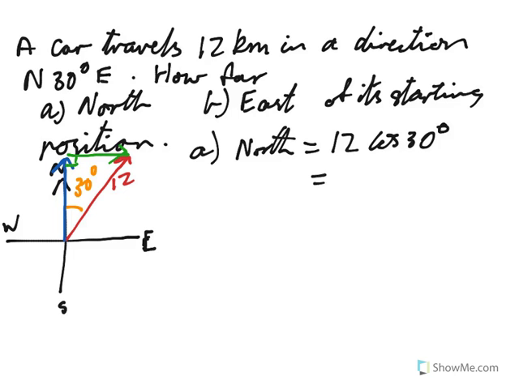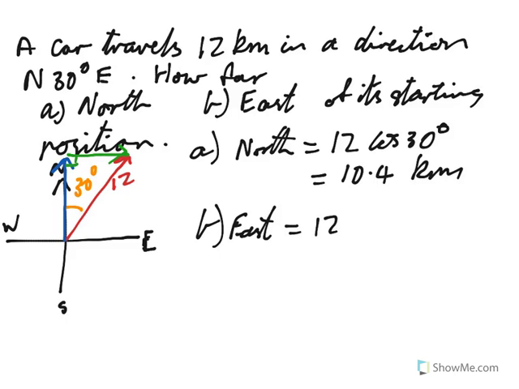Okay, and then you get that 10.4 kilometres. And the easterly component, it's 12 sine 30, and that's 6 kilometres. It's gone in that direction. Alright, so that's it, there's our components. Alright, so that is what you need for exercise 13C, set number 3 on the question list.